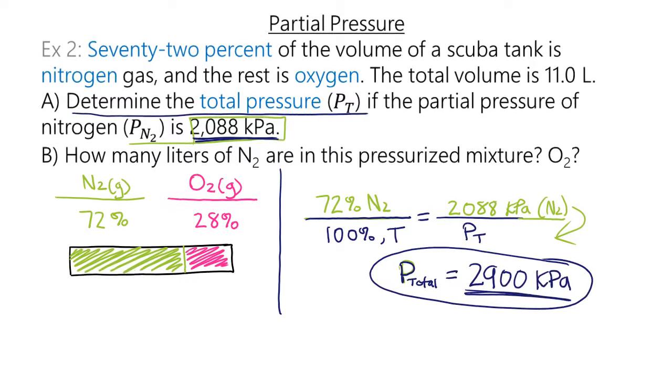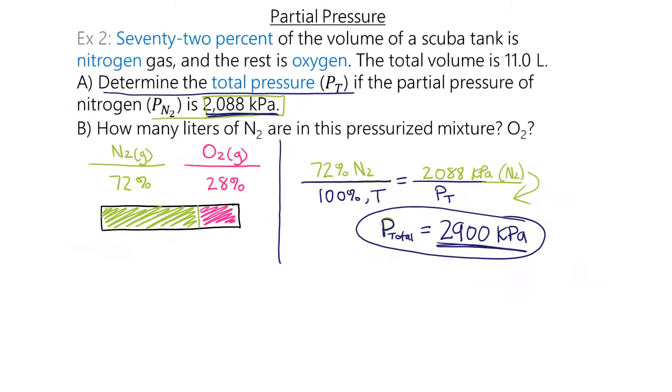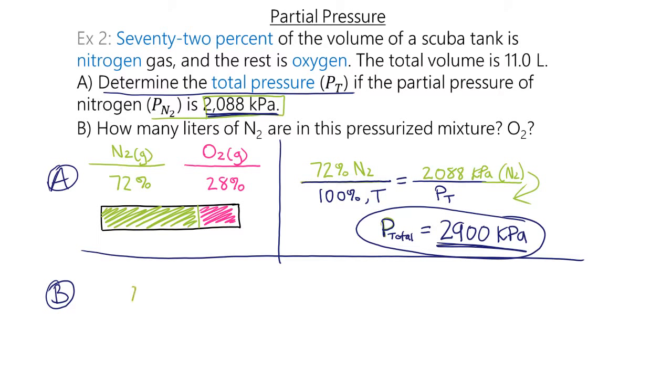Part B, how many liters of nitrogen gas are in this pressurized mixture, and how many liters of oxygen are in this pressurized mixture. So that was part A at the top. Part B, we are going to first figure out nitrogen with the part over whole. We do know that it's 72% nitrogen out of 100% total.